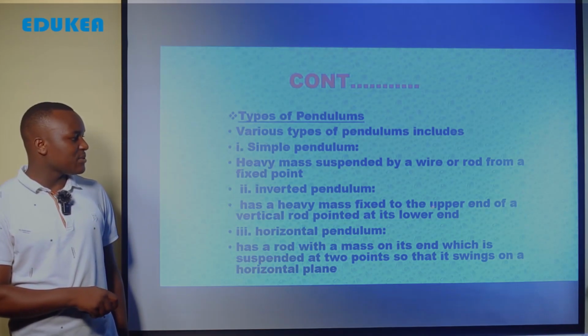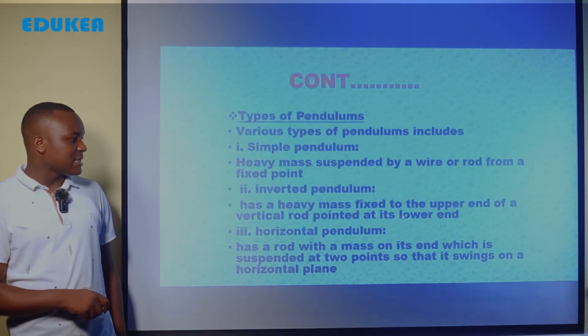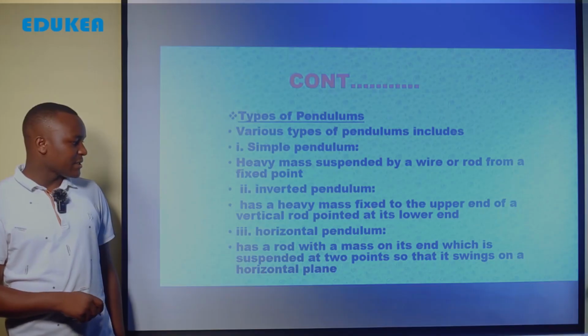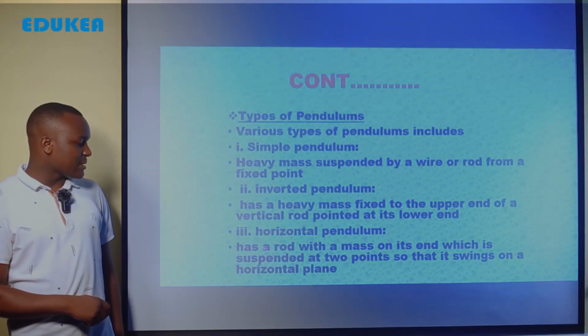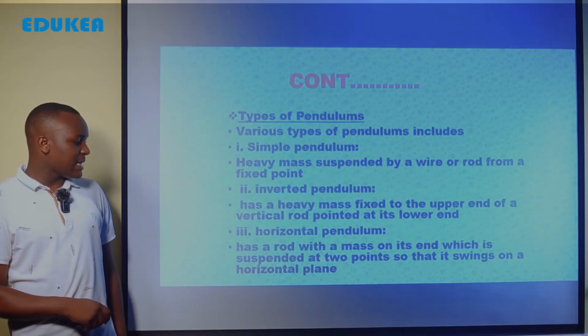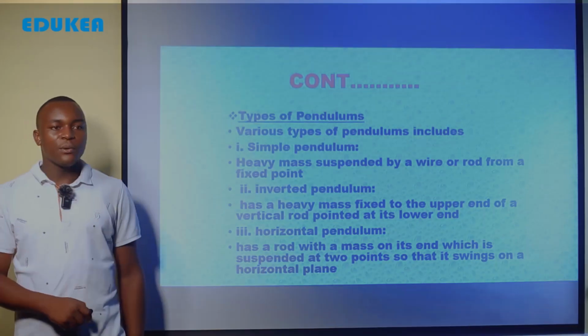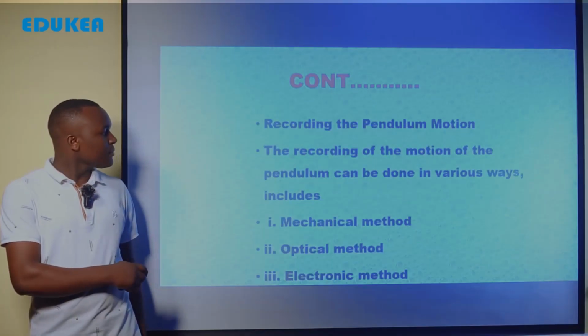But also we say there is the horizontal pendulum, a rod with a mass on its end which is suspended at 2 points so that it swings on a horizontal plane. Those are 3 types of pendulum based on the device which we call seismograph.